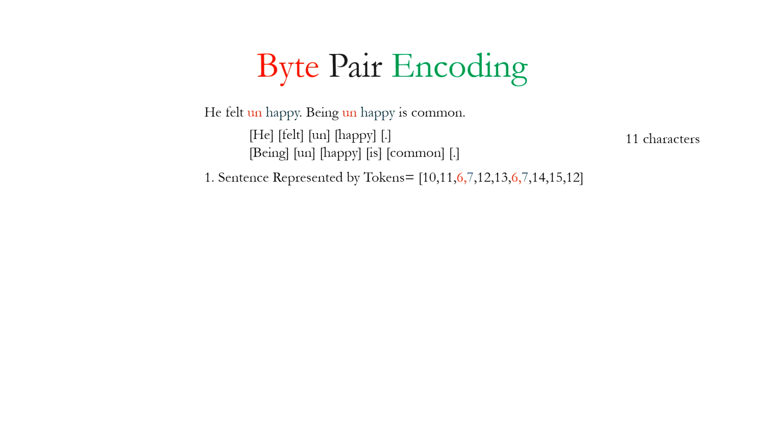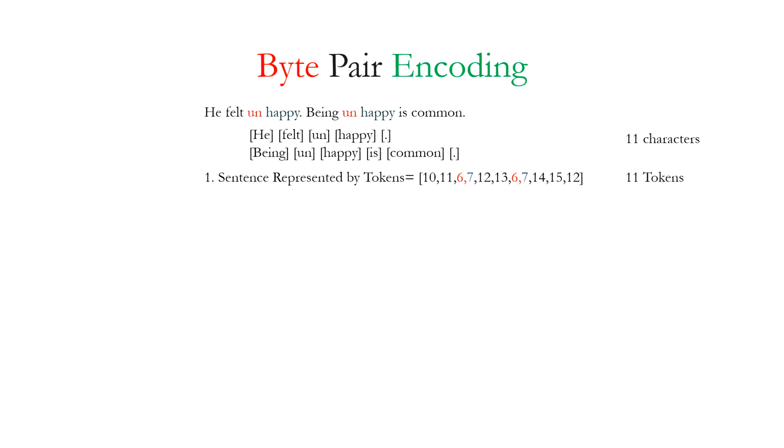And the sentence could be represented by the following tokens: 10, 11, 6, 7, 12, 13, 6, 7, 14, 15, and 12. And we see that repeating 6, 7 twice, okay? And this would be 11 tokens as well, okay?